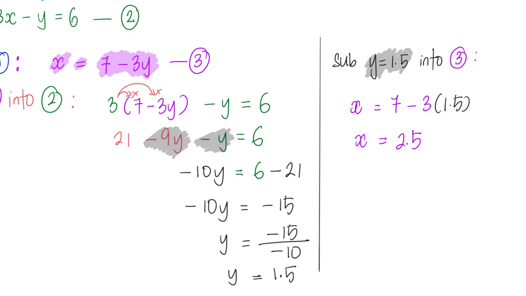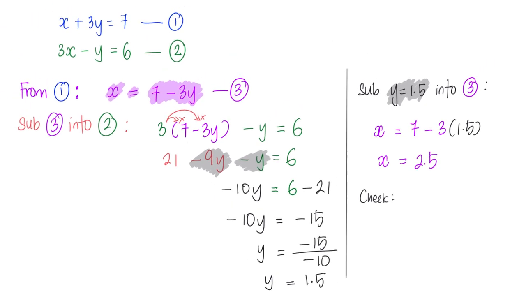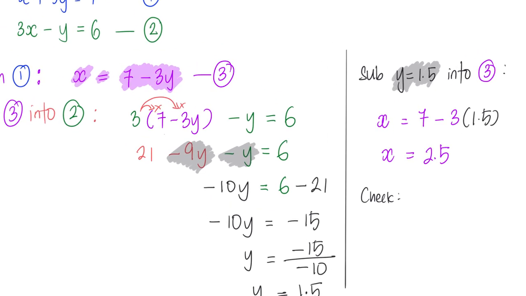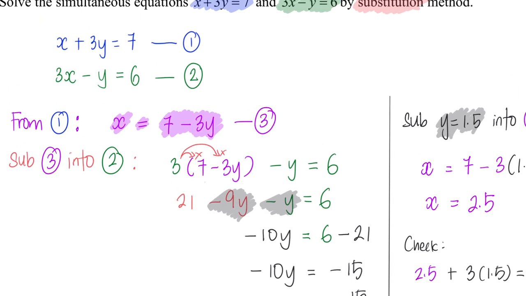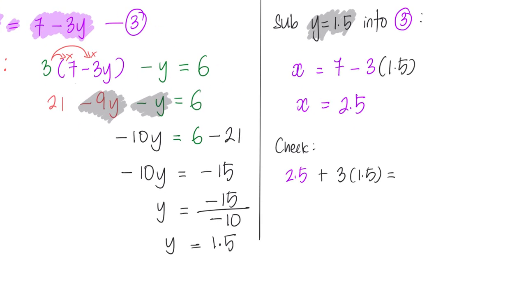Now for the last step, it will be good for us to do a quick check by substituting the answers back into equations 1 and 2. x plus 3 times y, y is 1.5. And does this give me back my 7? Yes, it does.